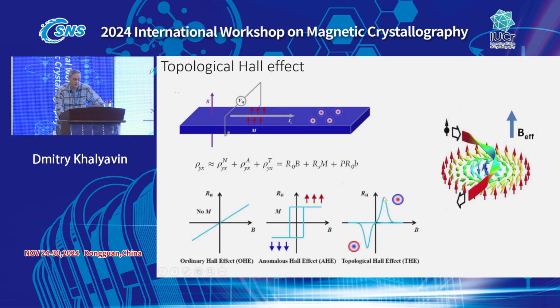It comes from the fact that when conducting electrons interact with the underlying skyrmion lattice, they rotate in real space, and this rotation adds a phase to the electronic wave function, called the Berry phase. This is equivalent to the existence of a fictitious magnetic field, which deflects these electrons and gives rise to this Hall effect.